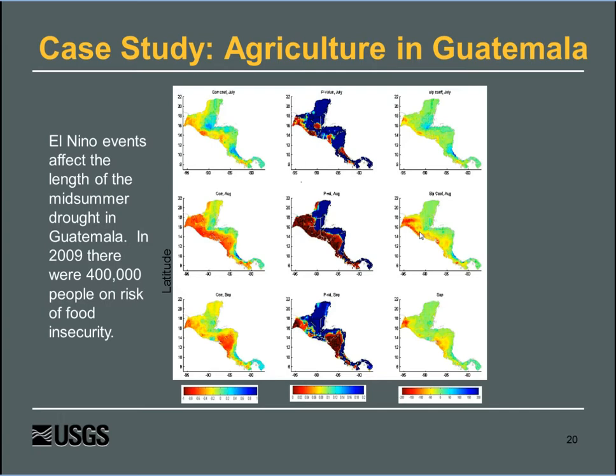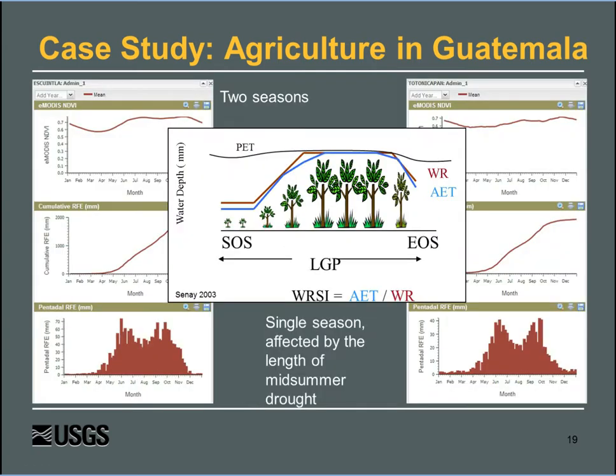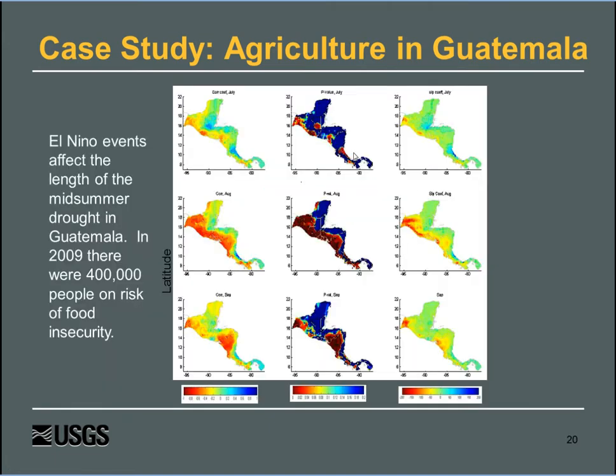And as we saw over here, it decreases the rainfall right in the middle of the length of growing period, and that affects the crops. In 2009, there was a strong El Nino, and there were about 400,000 people at risk of food insecurity, and that is our case study.